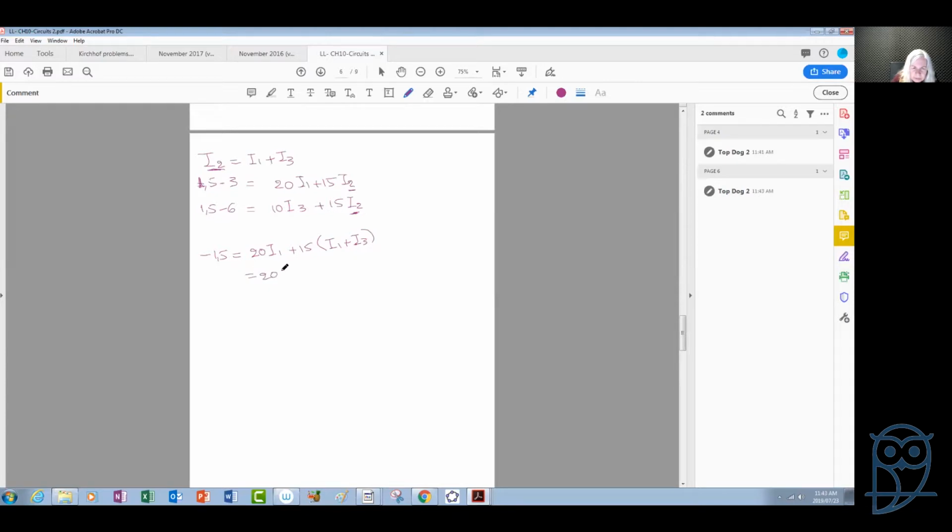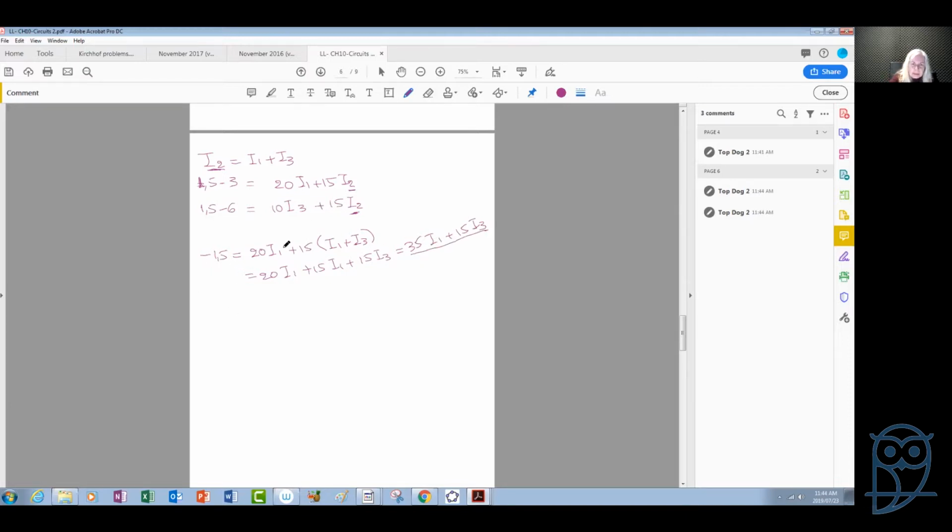If we do the calculations, that would be plus 15 I1 plus 15 I3. Altogether, 20 plus 15, I1 is 35 I1 plus 15 I3, and that is equal to minus 1,5.